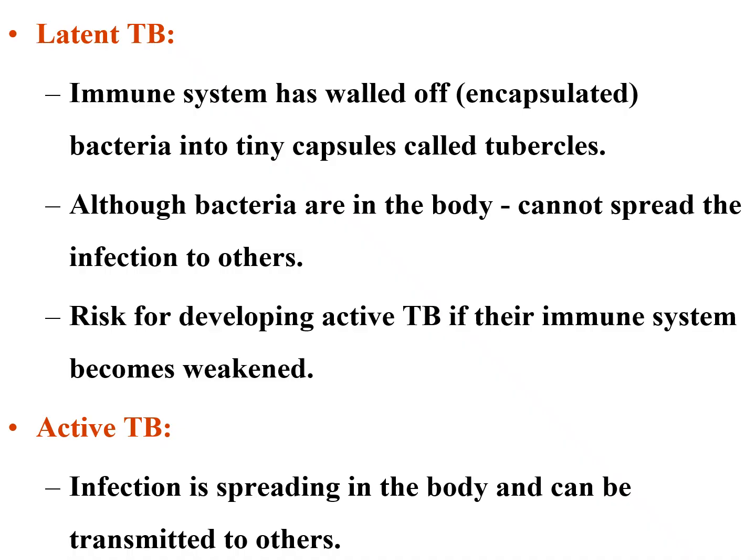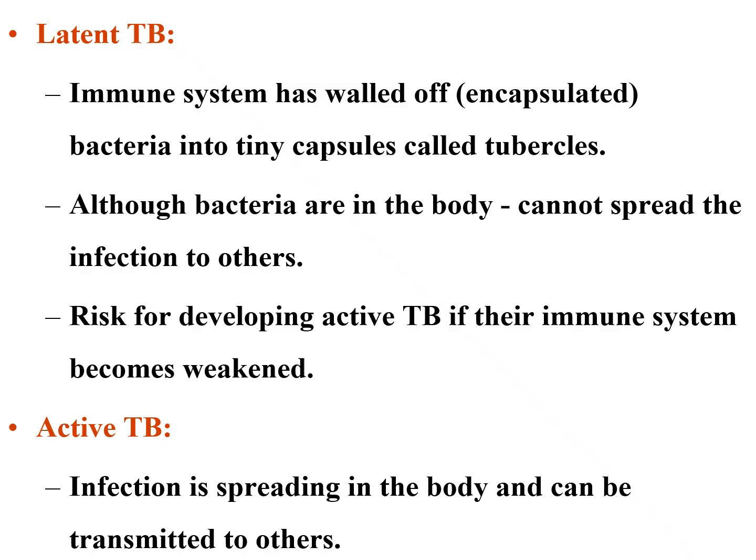Now, with latent TB, what has happened here is that the immune system has detected the bacterium within the lungs and it has walled off or encapsulated that bacterium into those tiny tubercles. And that is what you just visualized on the chest x-ray on the slide before.